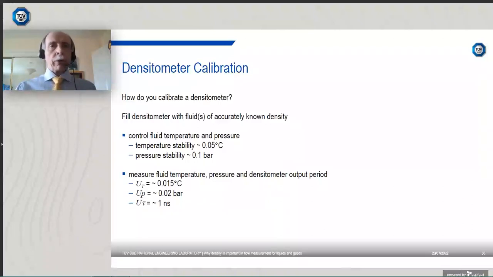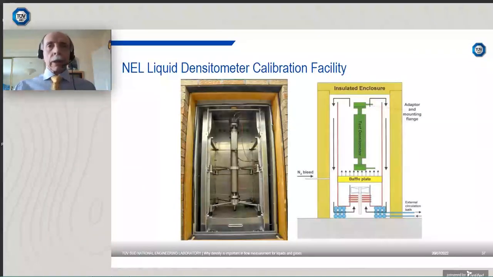So once we've got the reference fluids, we fill the densitometer with 2 or more of these fluids in turn, control the temperature and pressure, and measure the densitometer output period. This is what it looks like in practice. On the left is the actual photo, on the right a schematic. So you can see the densitometer mounted in an enclosure where we can control the air temperature round the densitometer.